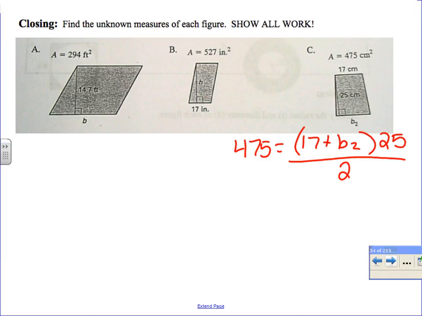You could either multiply both sides by 2, or you could divide the 25 by 2 to get rid of it. Whatever you prefer. If you like multiplying both sides by 2, go ahead and do that. I'm going to divide this by 2 and do it that way. So we have 475 equals 25 divided by 2, which is 12.5, and we're left with 17 plus base 2.